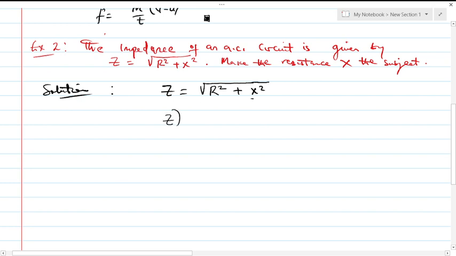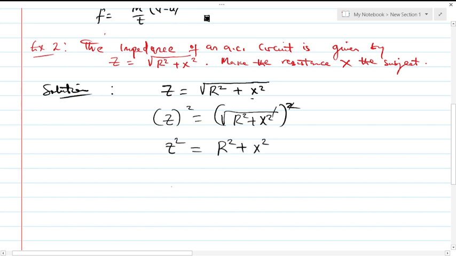That is Z square equals R square plus X square, as the square cancels the square root. So rearranging, we have Z square minus R square equals X square.